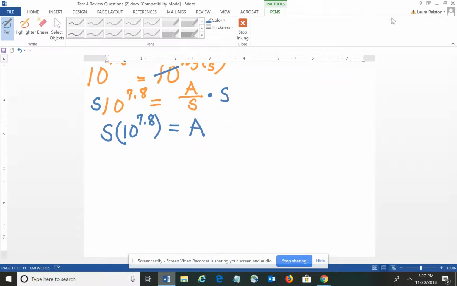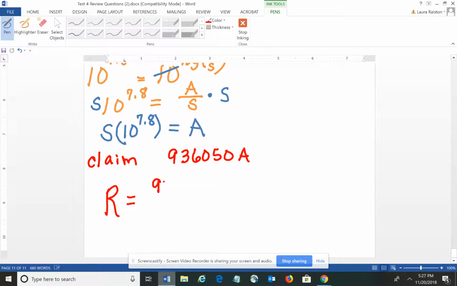Now, here's their claim: the earthquake to come is going to be 936,050 times as intense, which is A. But we just determined that A is S times 10 to the 7.8. If we substitute this in, we're trying to find R of this predicted earthquake.